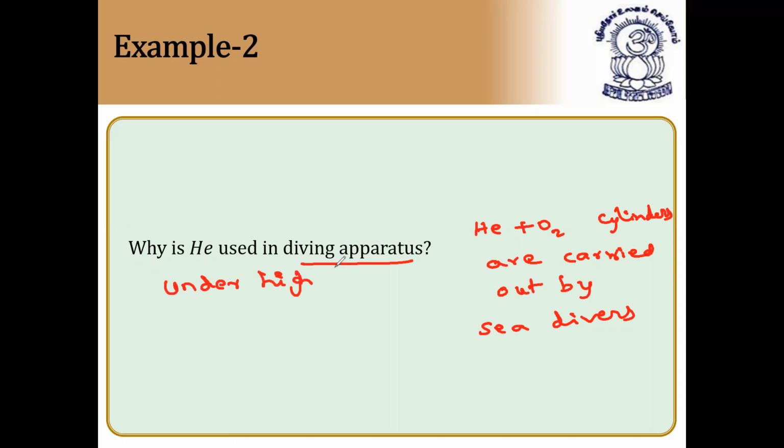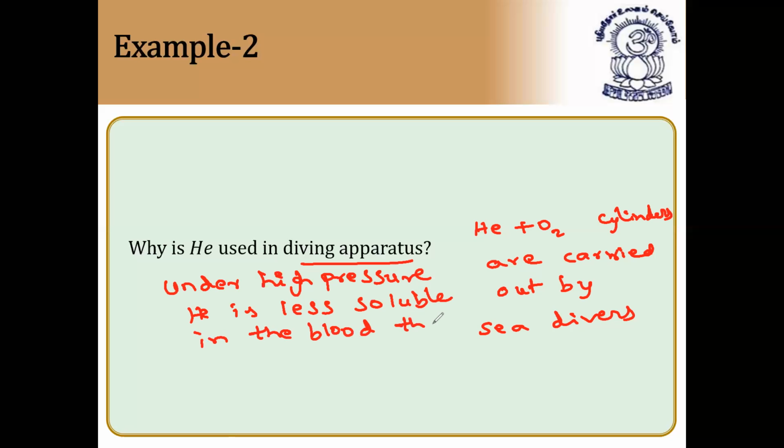This is the reason. Under high pressure, helium is less soluble in the blood than nitrogen. That's why they take cylinders consisting of oxygen with a combination of helium.